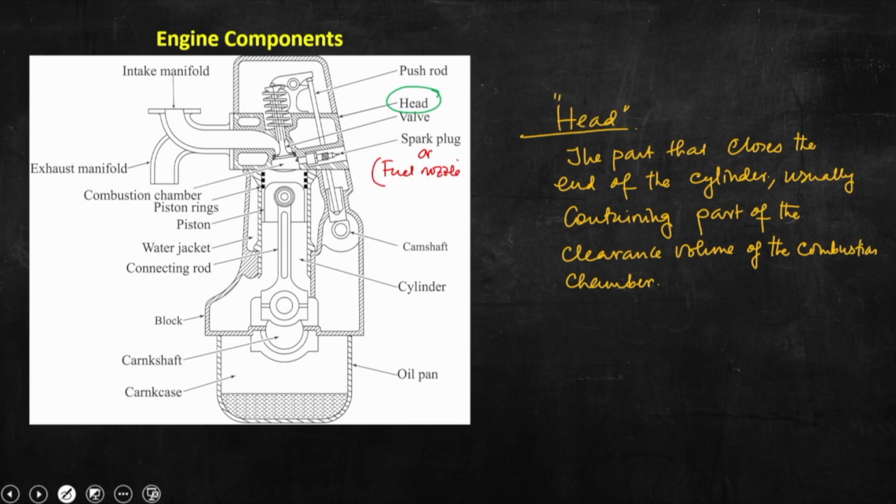This is for the CI engine and spark plug for the SI engine. So, the head also houses the spark plug if it is an SI engine, otherwise it will include a fuel nozzle or injector if it is a compression ignition engine. So, that is the head.